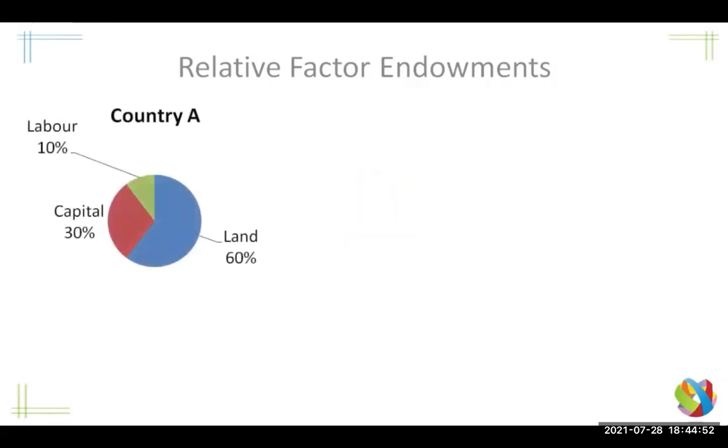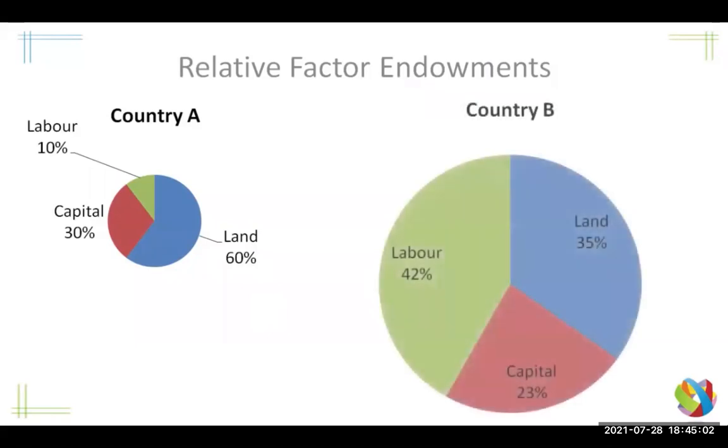Okay, we have country A, a quite small country, has a lot of land, quite a lot of capital and not much labour. Country B, well, these things are a bit more evenly divided up, but it has more labour than the other two factors.